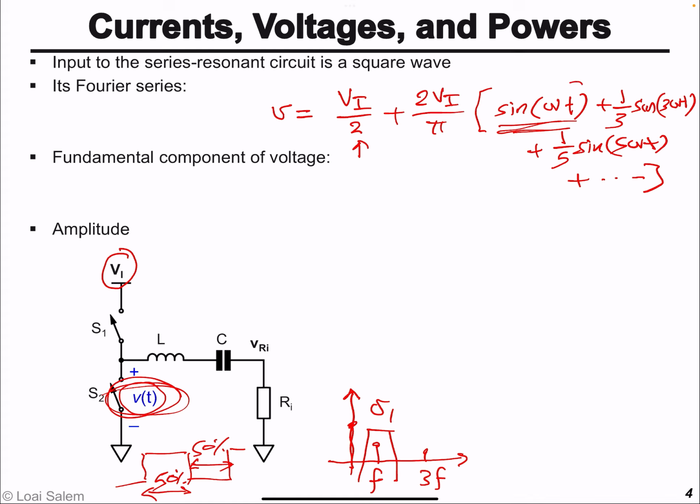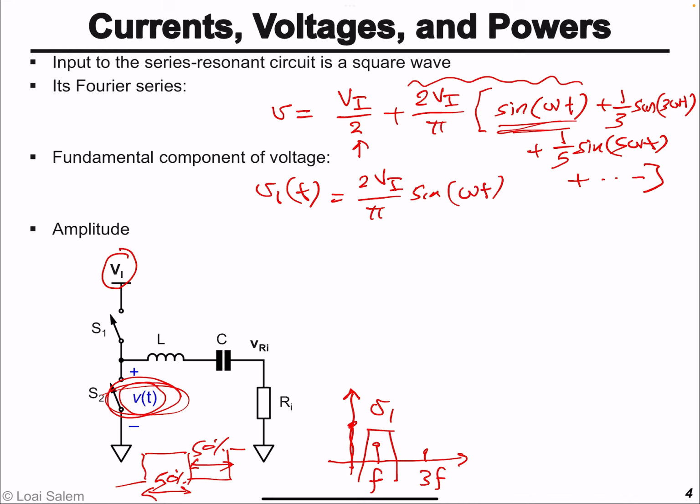So the fundamental component is given by this expression. We can say that V1, the fundamental component as a function of time, is going to be 2 over pi times the input supply voltage for the series resonant pulse inverter times sine omega t.